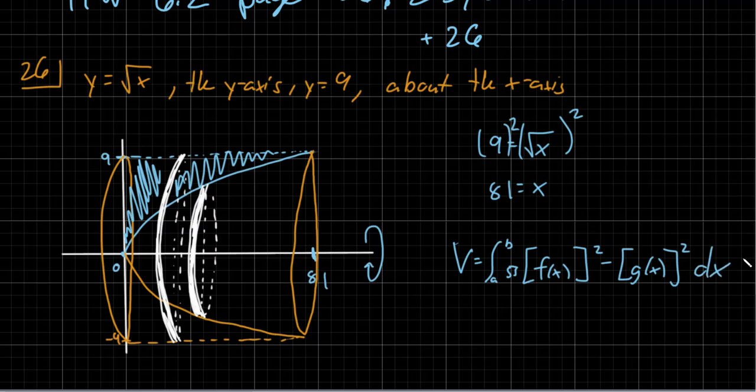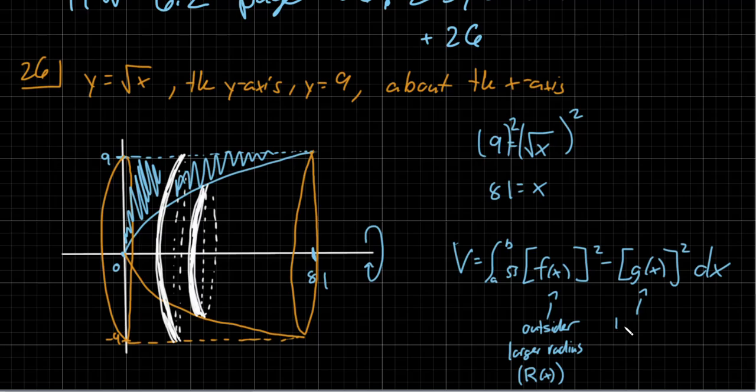F of x and g of x, which one has to be greater than the other? F of x has to be greater than g of x. This is also kind of considered the outside radius and the inside radius. So larger radius or the smaller radius. This one is going to be the outside, outer, or larger radius, also known as big R of x.